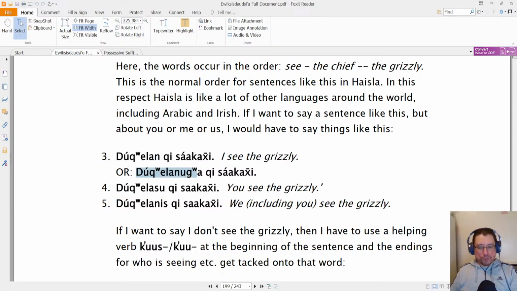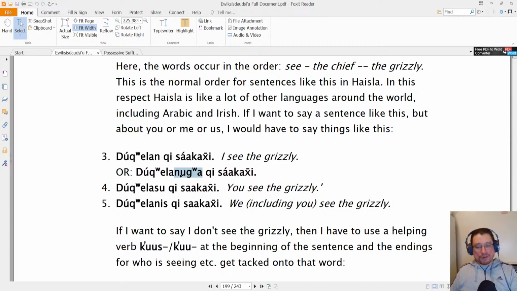So dukwila nugwa is a little bit longer to say, and it's also longer to type out or write. Whereas dukwilan is shorter because you're cutting off the last part of the word. In this case, with the word nugwa, there are two things happening.